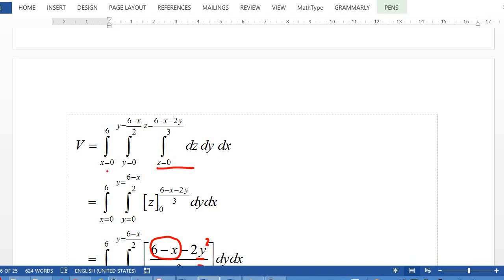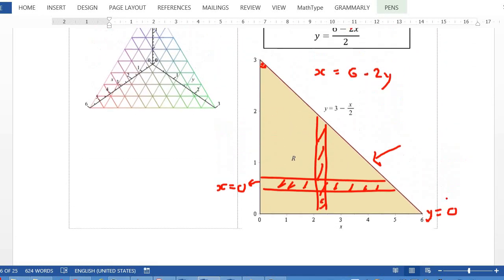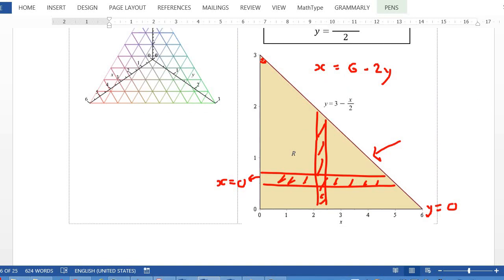Then the limit of y is from 0 to 3, and the limit of x is 0 up to x equal to 6 minus 2y.